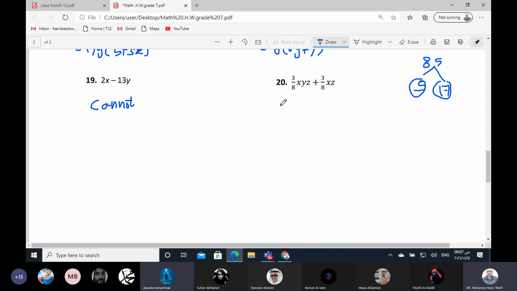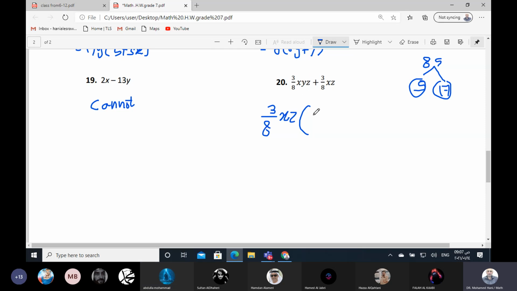Number 20, Mister. You were right, Mister. 6 over 8xz, 3 over 8xz. Okay, then open parentheses. 3 over 8 divided by 3 over 8 is 1. x divided by x is 1. z divided by z is 1.